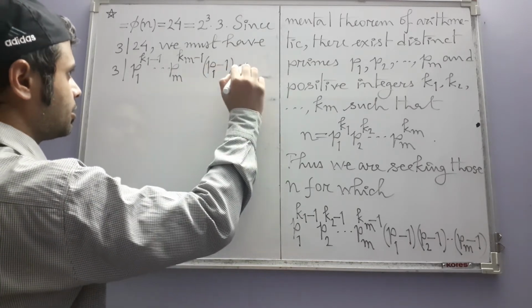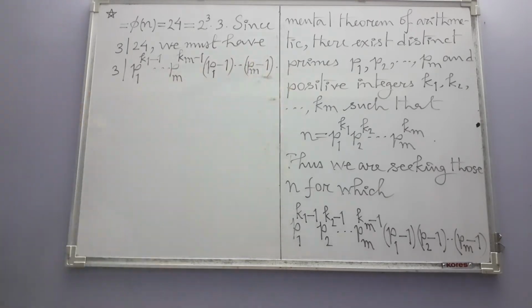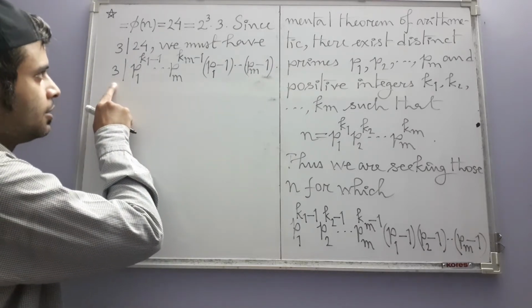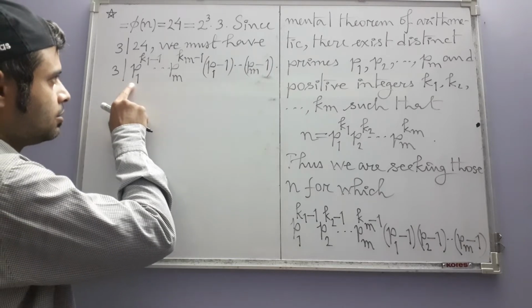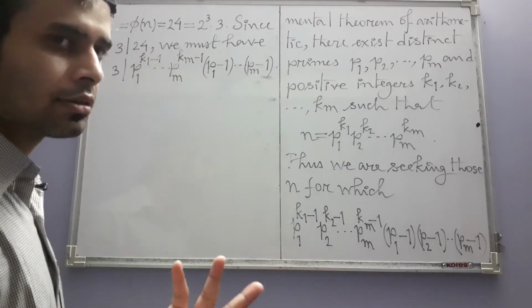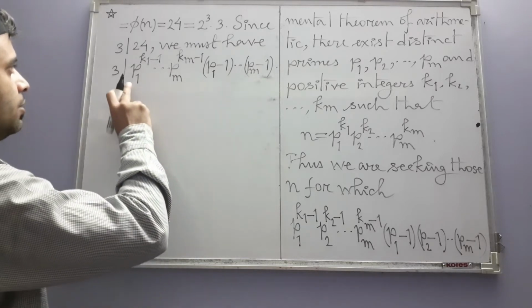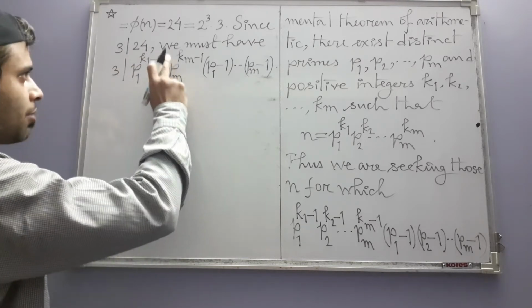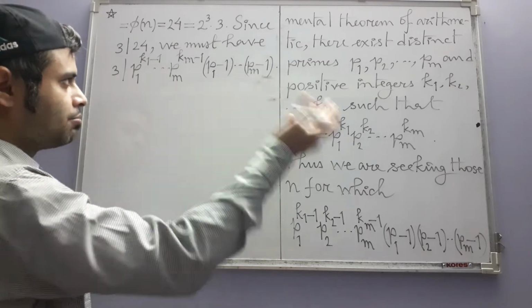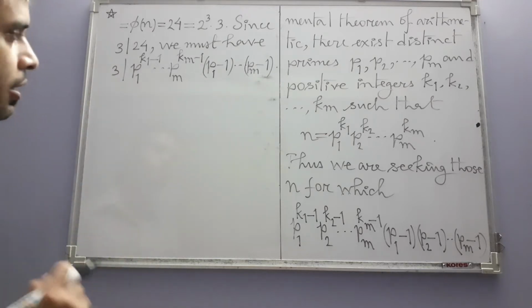Like that here also there is no need to write p2 minus 1. Okay, now because 3 is prime, that means 3 has to divide at least one of these factors. Now there you can clearly see there are two types of factors here. Some factors are powers of primes, but some are prime minus 1. So we actually have two different cases.